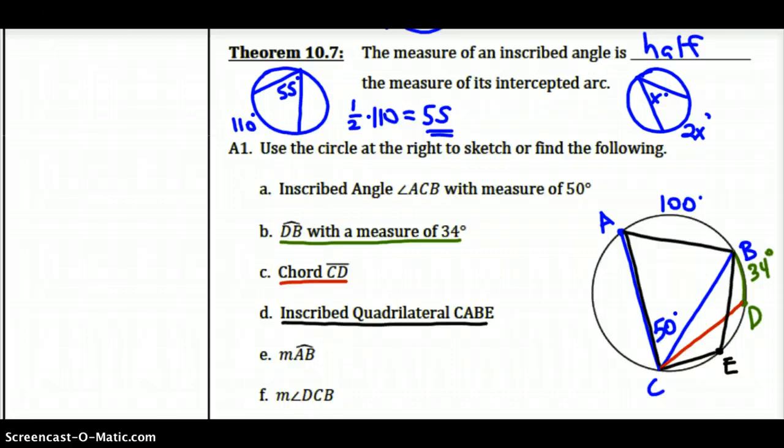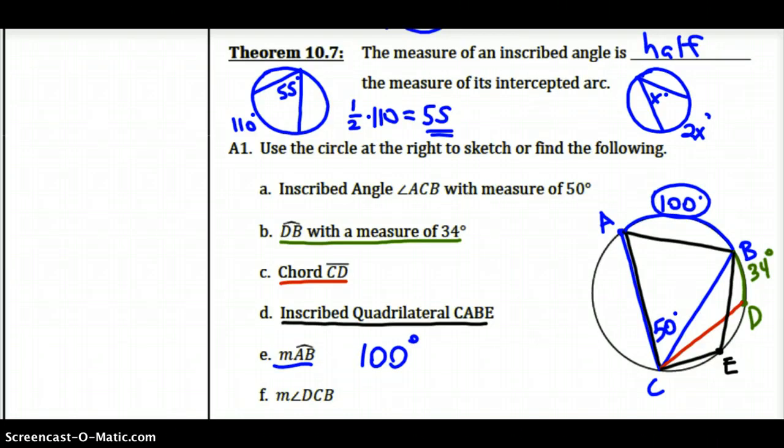So there's an inscribed quadrilateral, like an inscribed triangle. The arc of AB, I already have that. That was something I found right away. AB, 100 degrees, so I'm going to write it here as well.